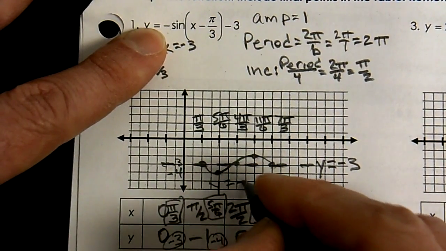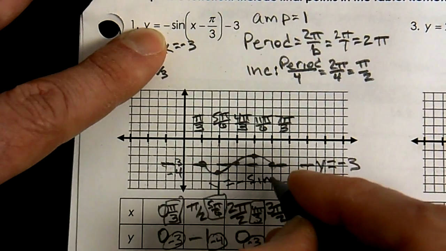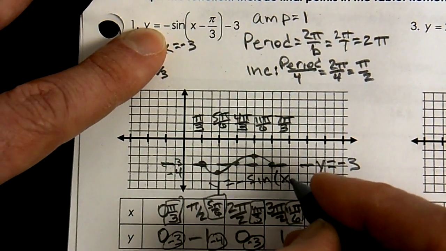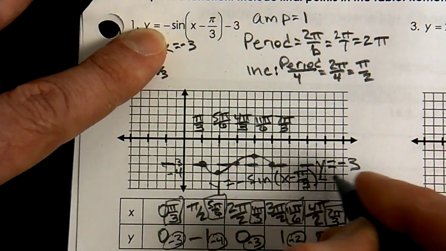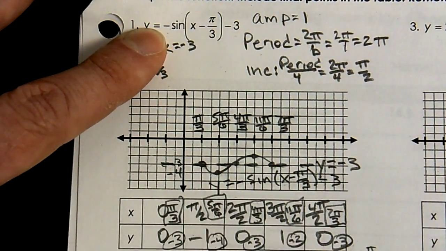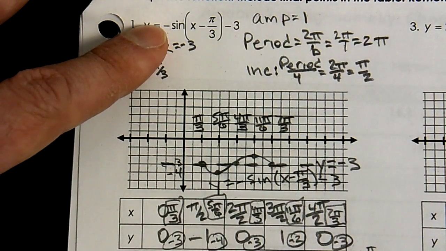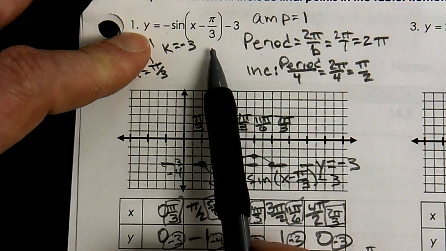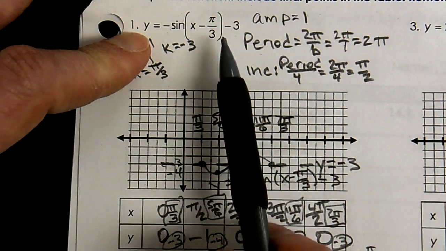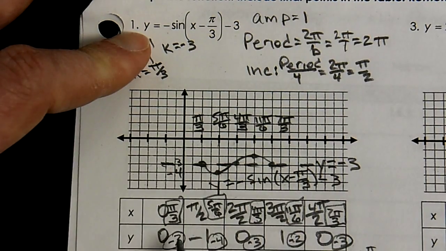Y equals negative sine x minus pi over 3 minus 3. That's a tricky problem. The scale and the translation, the increment and the translation did not work, so we needed to do some special math on the bottom.